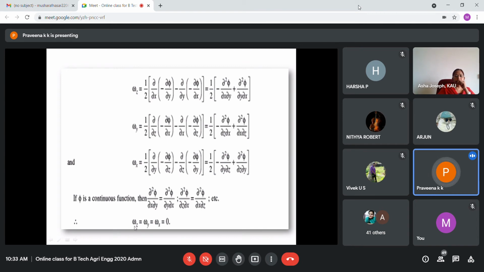That's why these rotational components will be equal to 0.